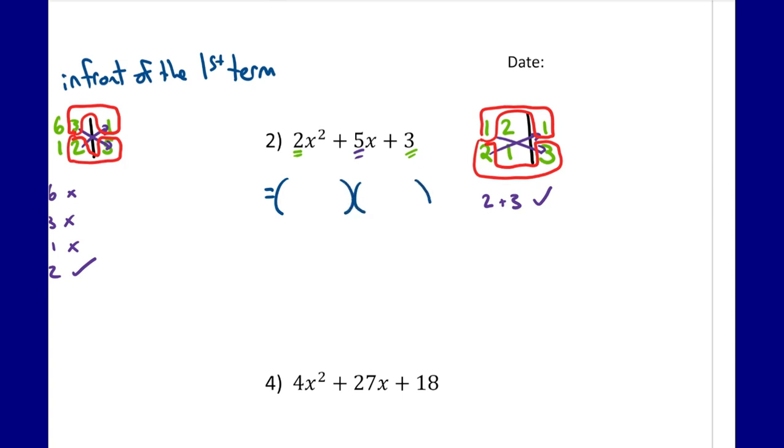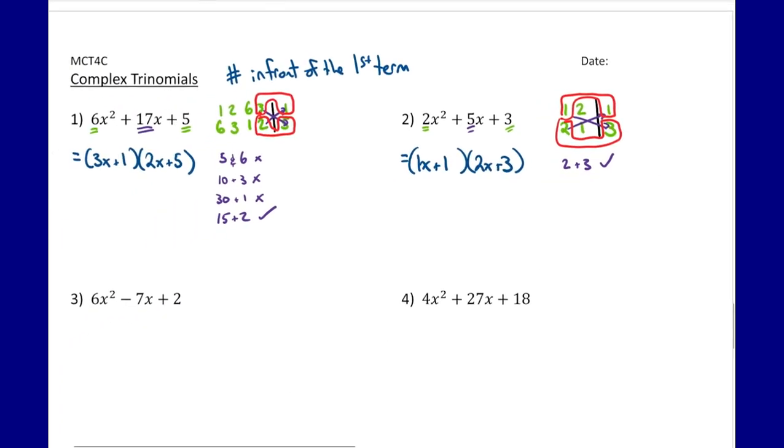The first pair, 1 and 1, means we're going to have 1x plus 1. In our second pair, we're going to have 2x plus 3, and that is our factored form. This way tends to be a little bit easier when we're going through and doing it.